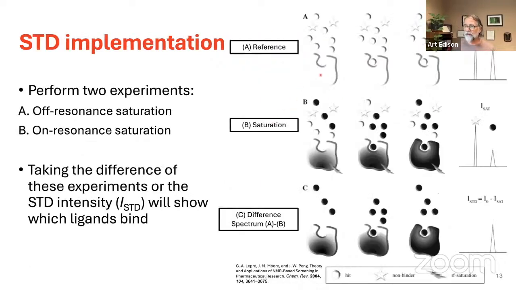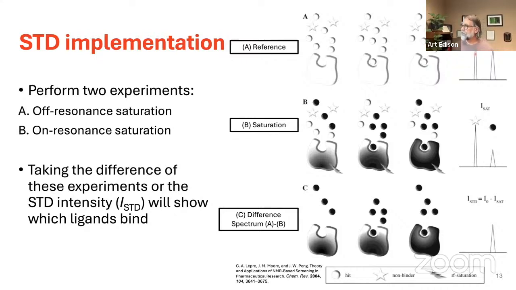What you do in practice is perform two experiments. One is off-resonance saturation, or a reference spectrum, so you go way far away from the protein of interest and put in a saturation pulse. And then in the next one, you go to the protein of interest and put in a saturation pulse, and you do these back to back in the same series of experiments.